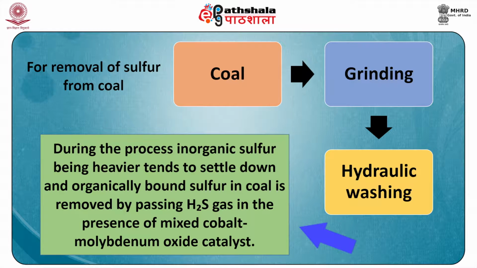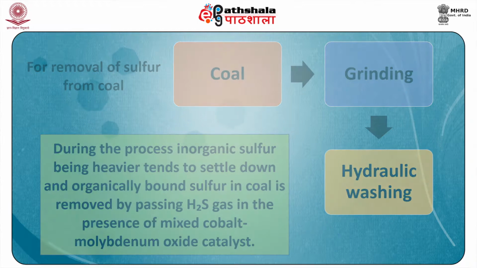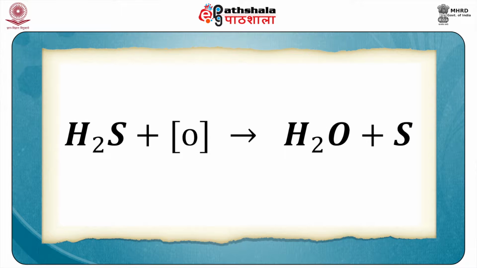During the process, inorganic sulfur, being heavier, tends to settle down, and organically bound sulfur in coal is removed by passing hydrogen gas in the presence of mixed cobalt molybdenum oxide catalyst. The organic sulfur is then converted into hydrogen sulfide, which is then oxidized to sulfur. Then the sulfur may be used as raw material.